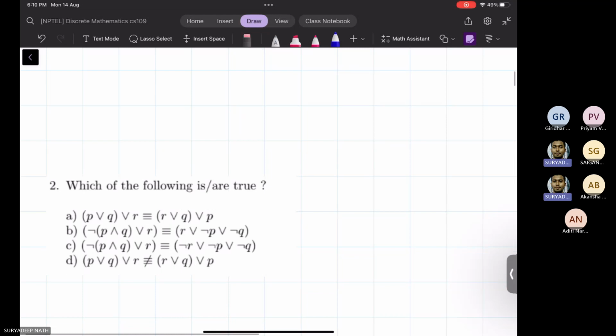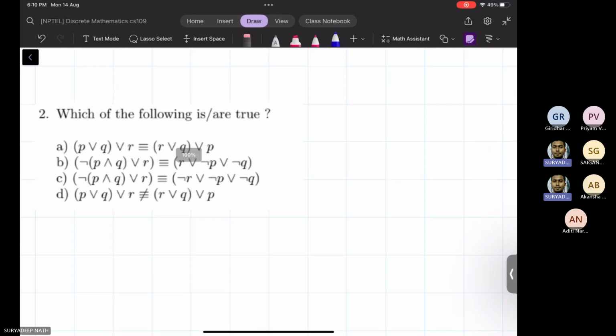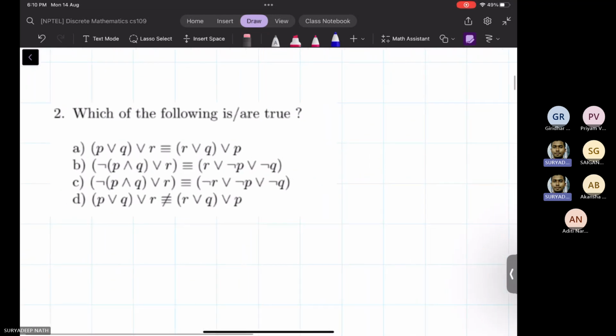All right. We'll be moving on to the next question. Which of the following is or are true? You have four logical equivalence relationships given, and we are asked to say which of the following is true.